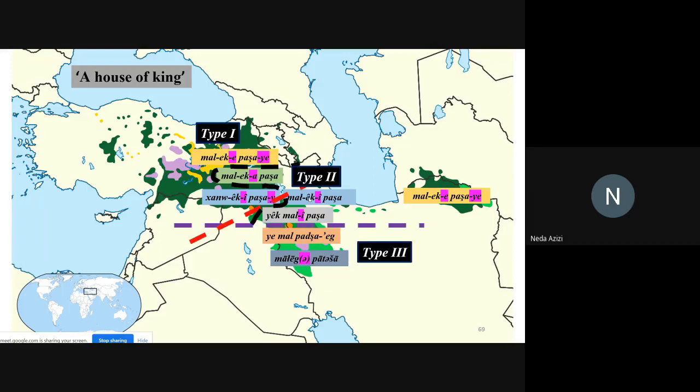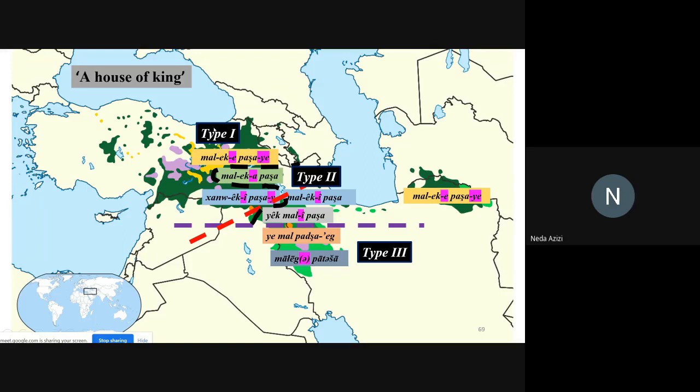I just want to highlight how language mapping can really help to understand the mechanisms of different forms of language varieties in a special area, especially if it is a multicultural and multilingual area. So based on this izafa construction, I give 3 isoglosses: type 1, type 2, type 3.